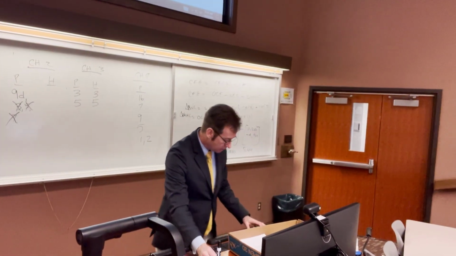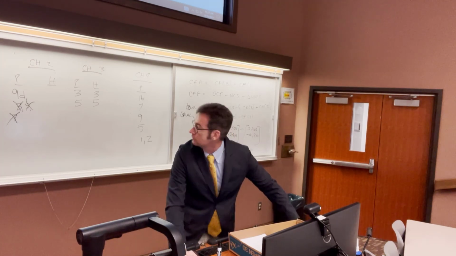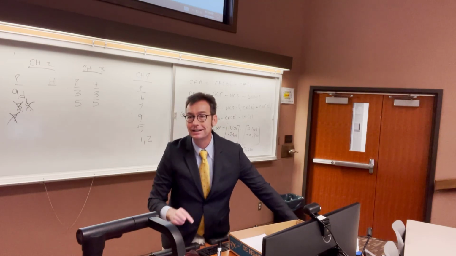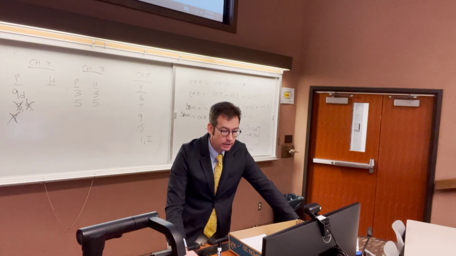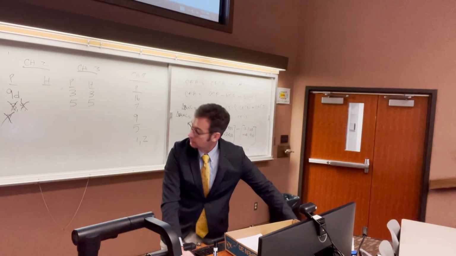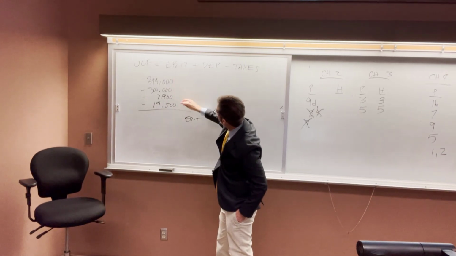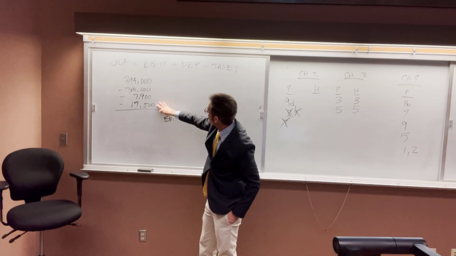Okay, so get your calculator out. Let's crunch through that, make sure we got the right number. Say again? It's EBIT, right? You got how much? 66,600. Okay, is anyone else getting that number? Okay, so let's look here. We got 394,000 minus 300,000, minus 7,900, minus 19,500.